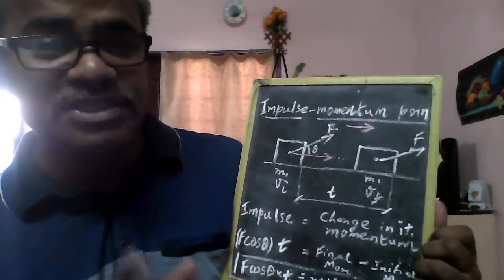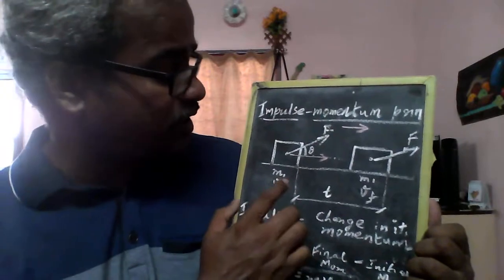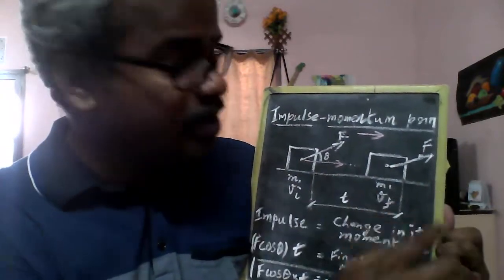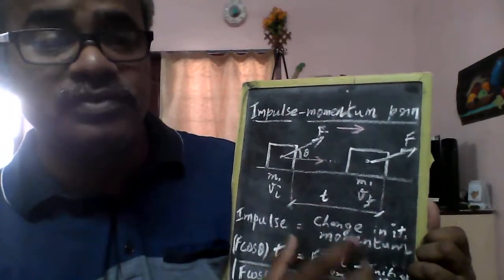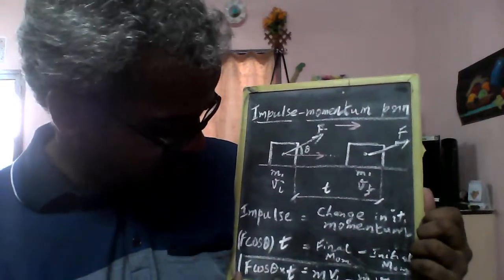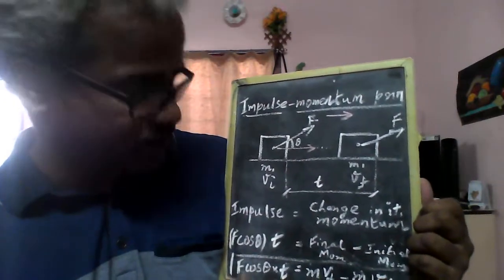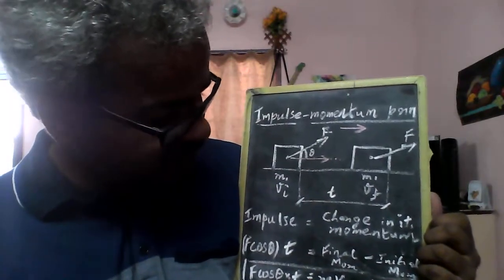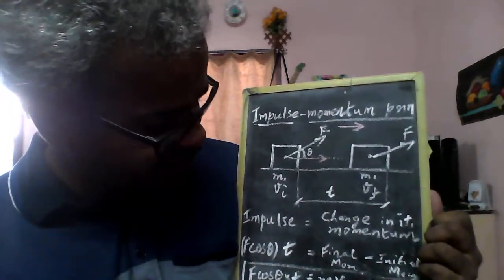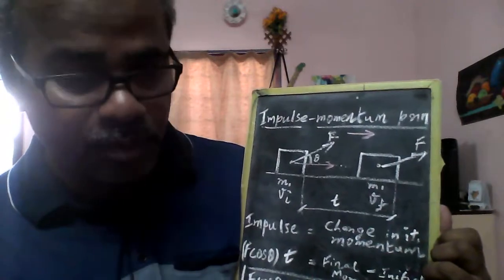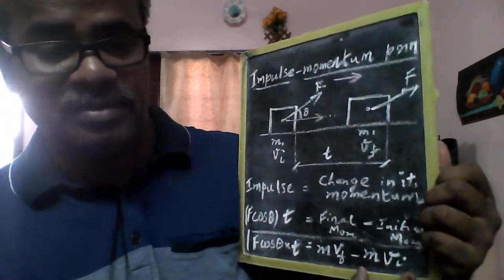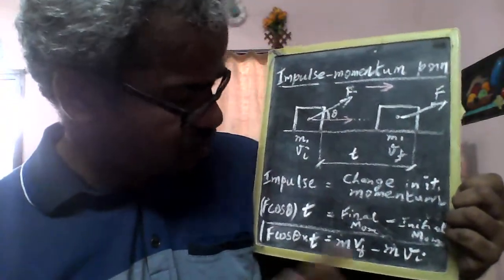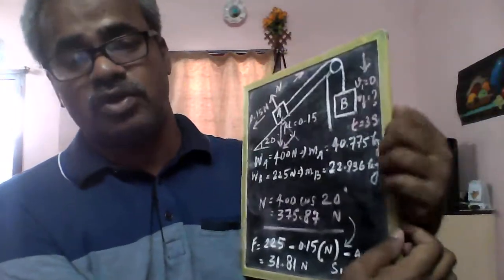Similar to the work energy principle, you have to consider all the forces involved in the direction of movement, add them, and multiply with the time. You will get an impulse that is equal to the final momentum, mvf, minus the initial momentum, mvi. In that way you have to solve it.